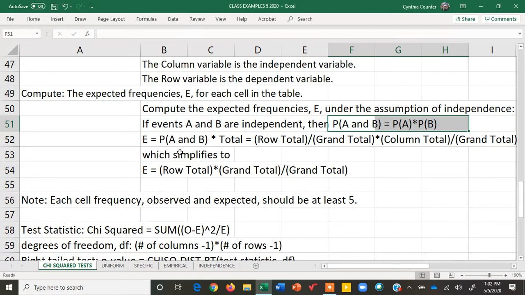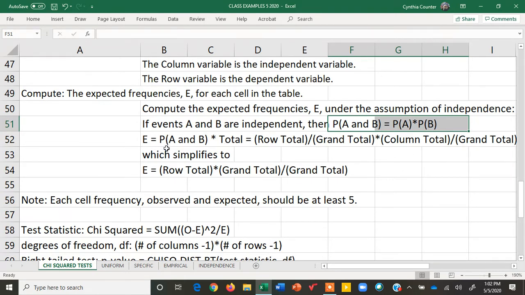So the probability of A and B under the assumption of independence would be the probability of A, and here I am going to consider A a row and B a column, so we would need the row total for event A divided by the grand total, and then the column total for event B divided by the grand total.